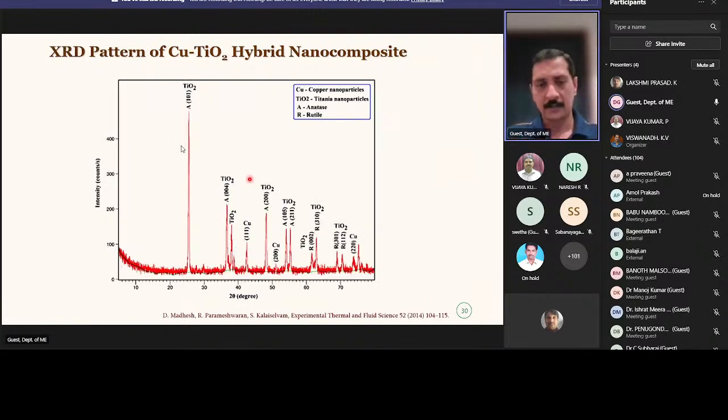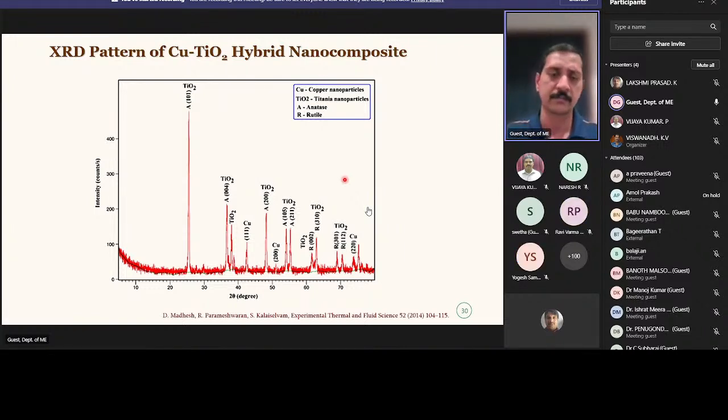And this is the XRD pattern, which clearly shows how the copper titanium particles have their crystalline nature. The peaks at the 101 facet, and also at the phases like 200 and 004 and many other small peaks, clearly indicate that the copper titanium hybrid nanocomposite particles we synthesized were highly crystalline in nature.